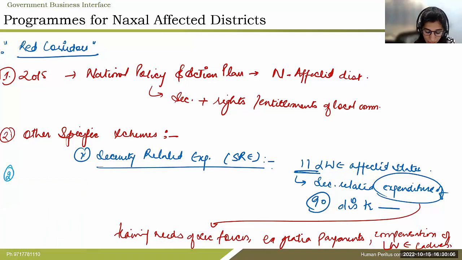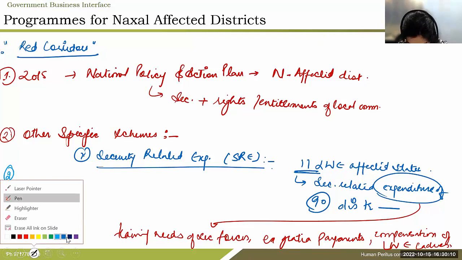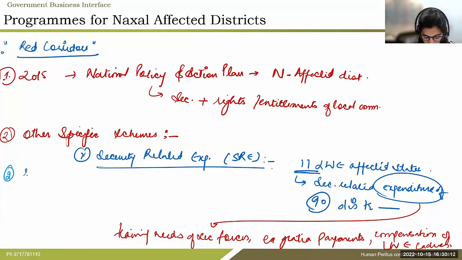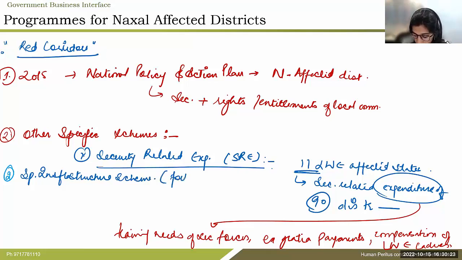All right. Now the next one under these specific schemes, number two, is the special infrastructure scheme. What was this for? This was for fortified police stations. Even the police stations need to be fortified because it is a routine exercise in the Naxalite regions to attack the police stations.